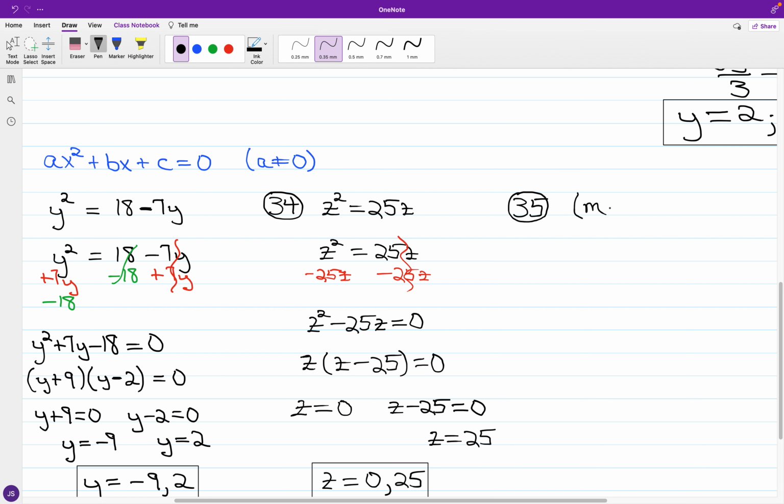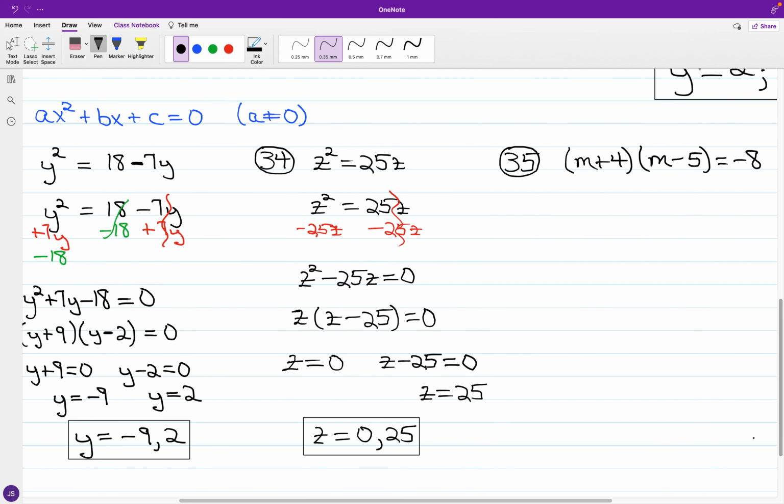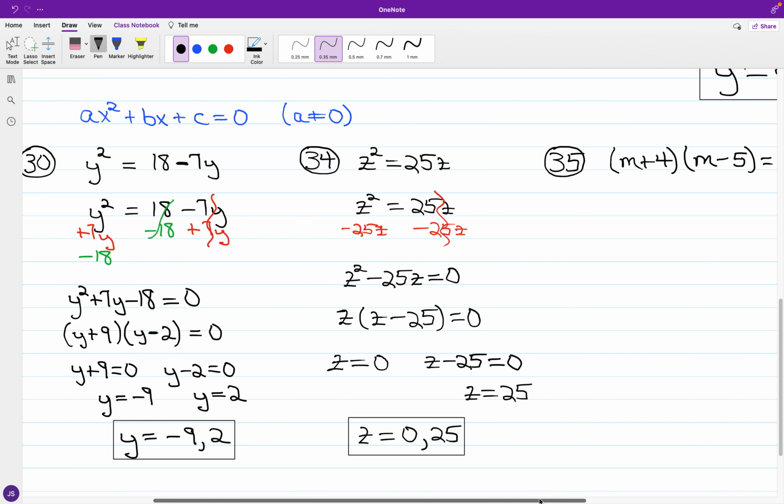We have the quantity of M plus 4 times that of M minus 5 is equal to -8. One might be tempted to set each of these expressions equal to -8 and just solve, but remember, you're trying to use the zero product property.